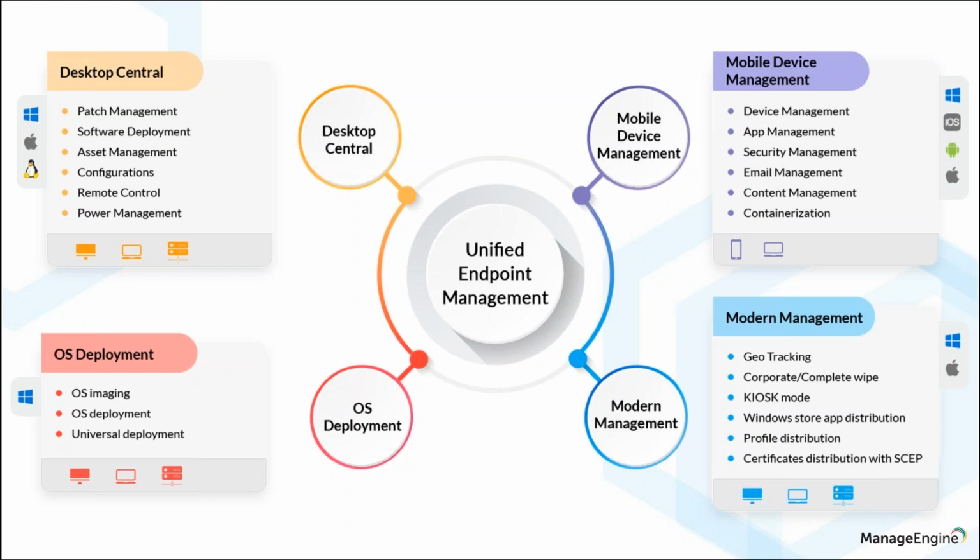You can put them on kiosk mode. You can distribute store apps and manage profile distribution. Then we have the OS deployment, where you will be able to create a single master image and deploy it to multiple machines. Now, these are the features that are offered within the Desktop Central suite.